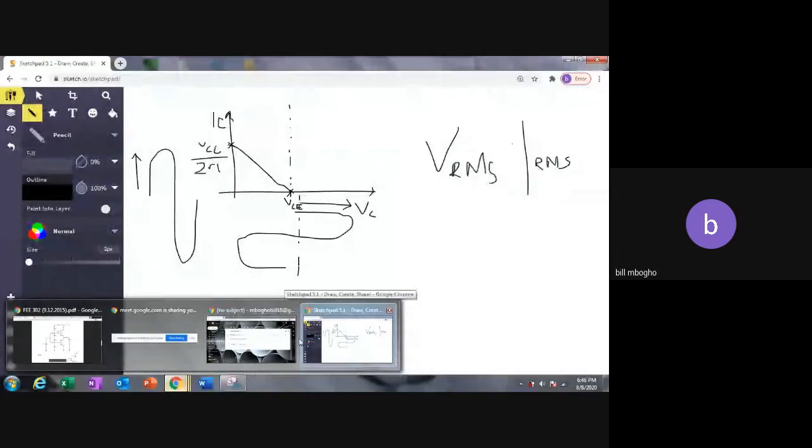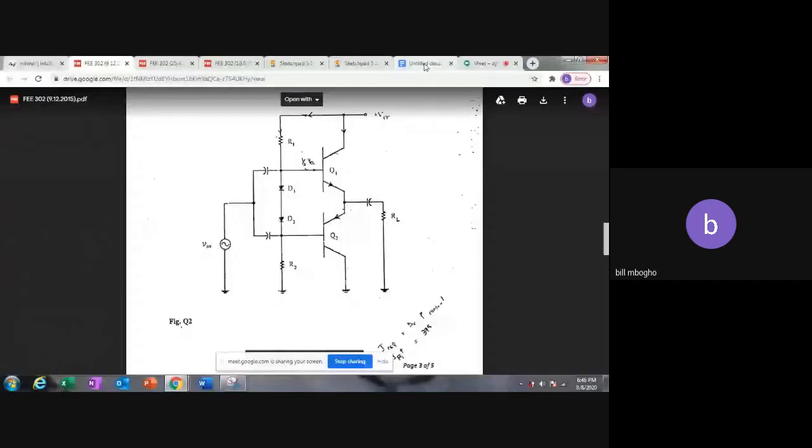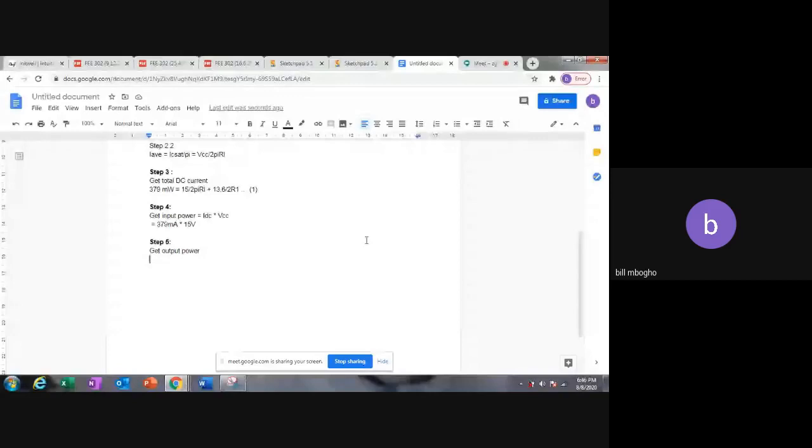So get output power, which is equal to VRMS times IRMS. Okay, and how do we get this VRMS times IRMS?